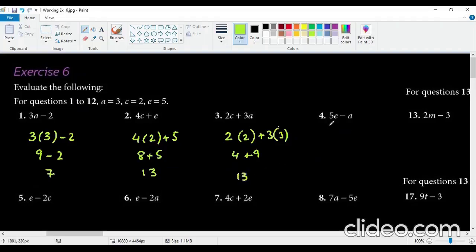Now 5 times e, which is 5, minus a, which is 3: that means 5 times 5 is 25, minus 3 is going to give us 22.